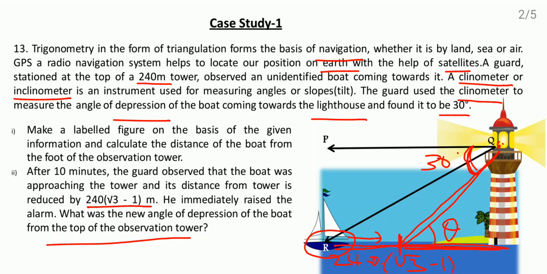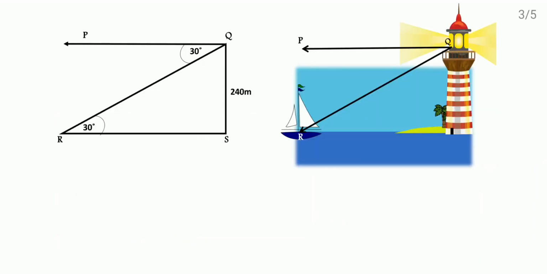First, let us draw the stick figure. Here QS is the height of the tower, RS is the distance of the boat from the base of the tower, and this angle 30 degrees is the angle of depression, right? So first we'll find the distance of the boat from the base of the tower, that means RS.